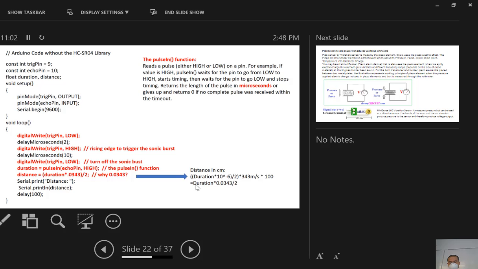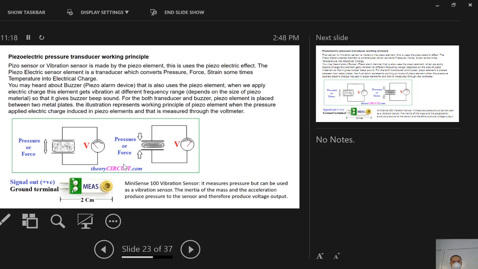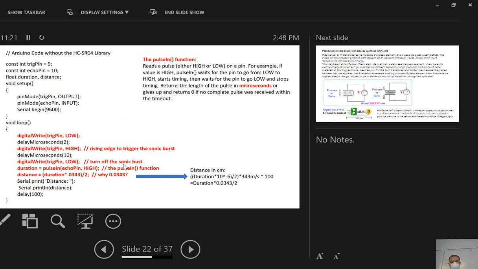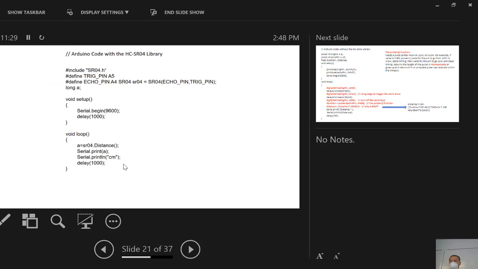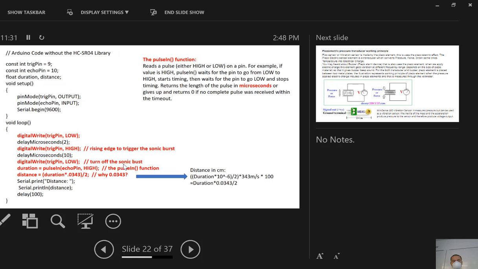So you can calculate the distance. And that's how you get 0.0343 as a constant here, because it's calculated from this part. It's very simple, so try it on your end and see if you can get the correct distance. I'm going to compare with the library version and see if you get the same distance.